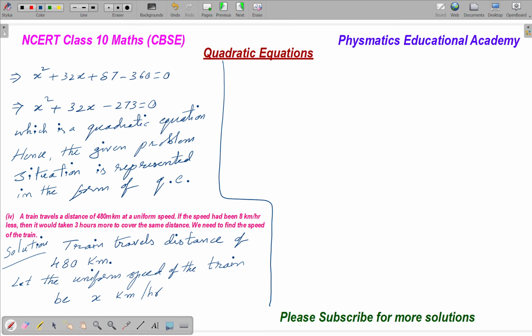Now that means from point A to point B, these are the two points, the train travels 480 kilometers at uniform speed.